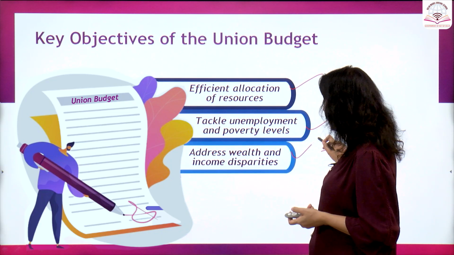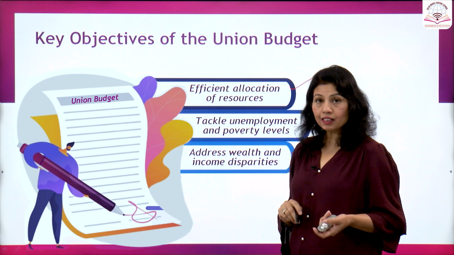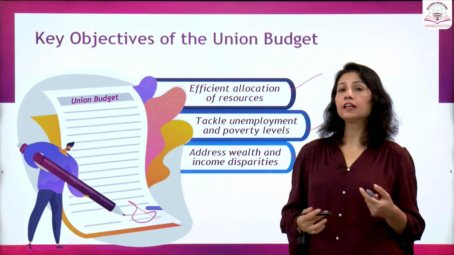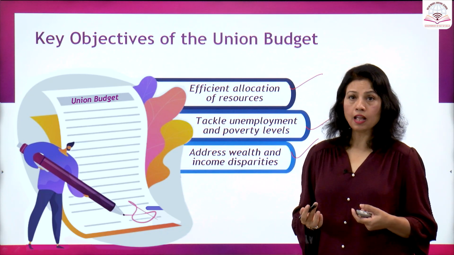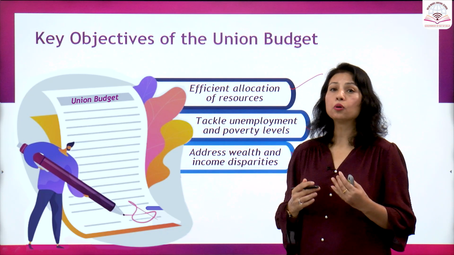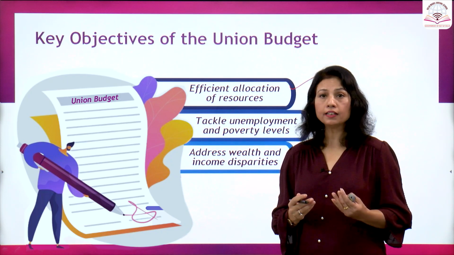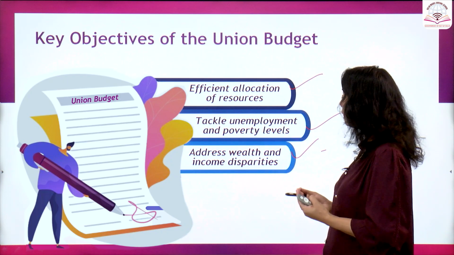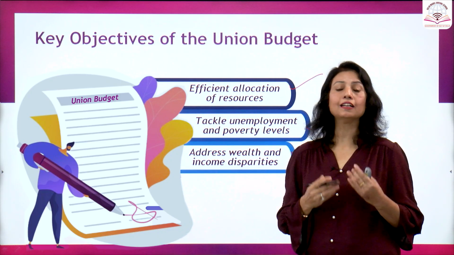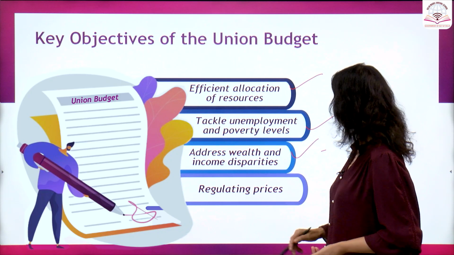To address wealth and income disparity by using tax and subsidies as an income redistribution medium, and by ensuring that the wealthy pay more tax so that those who are less affluent have necessary funds to take care of their basic needs such as food, clothing, shelter, health and education.